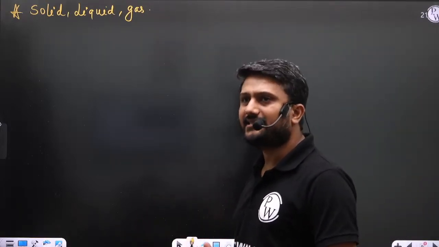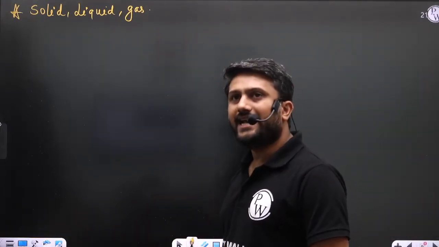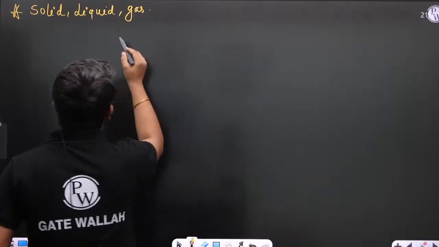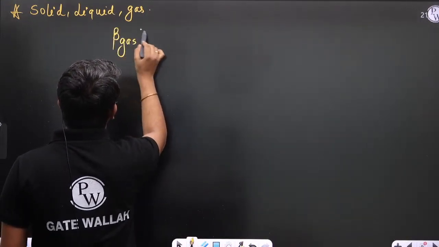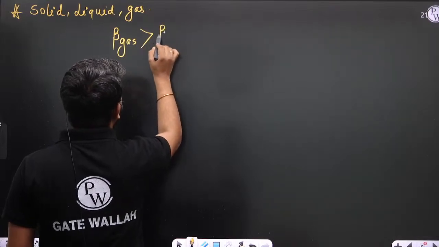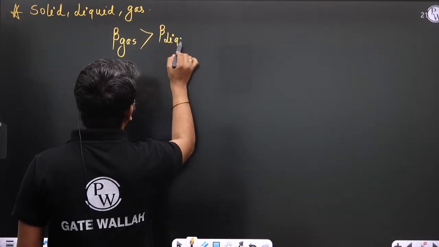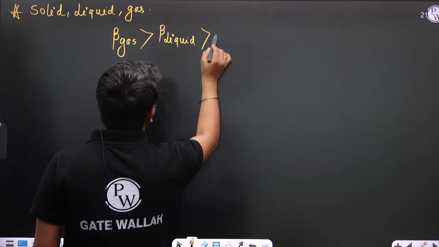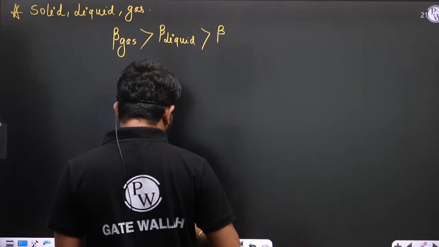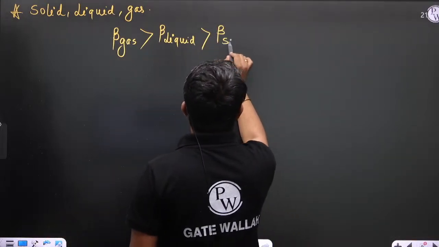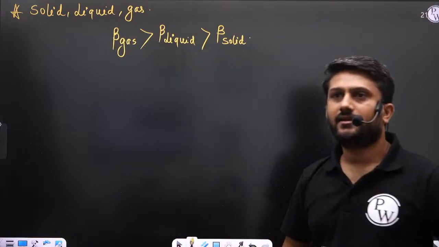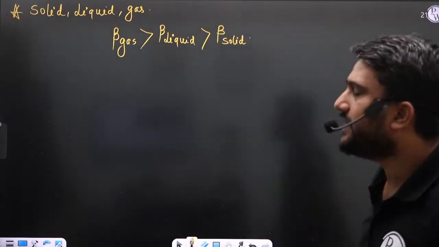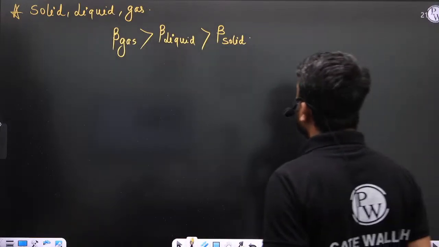Obviously gas is easy to compress. So beta of gas is highest, then beta of liquid, and least beta is for the solid.